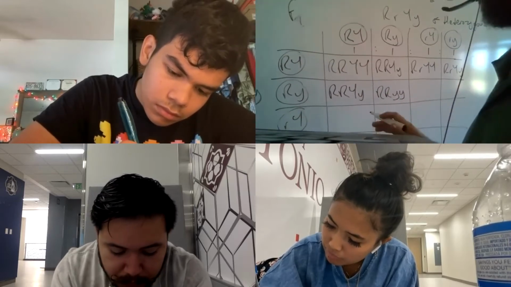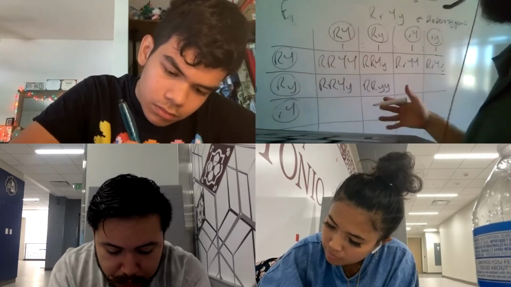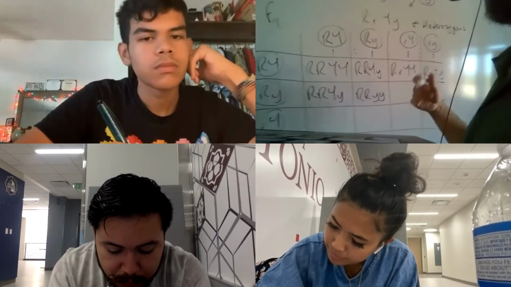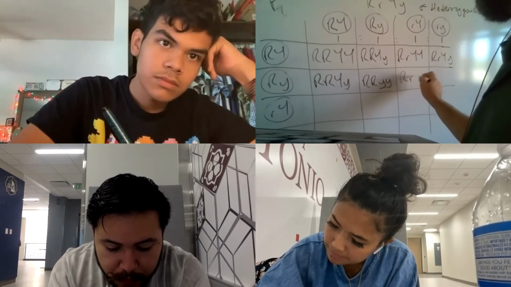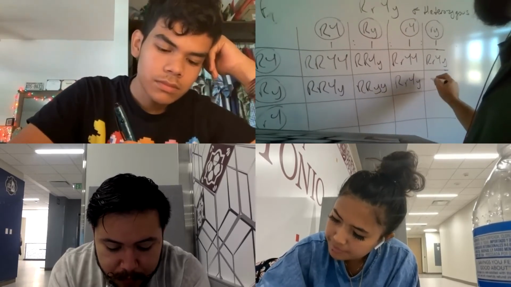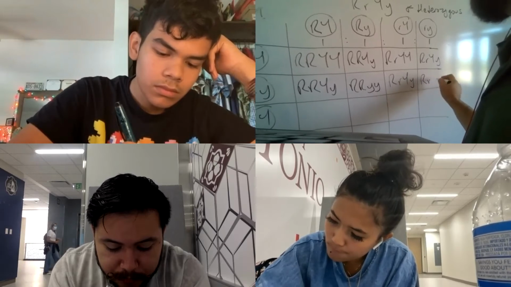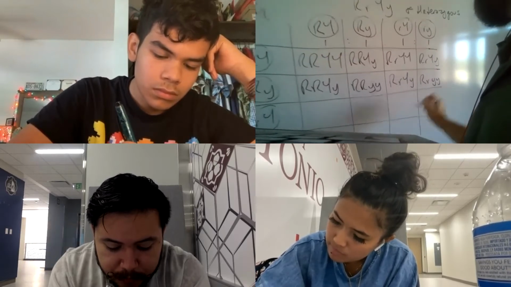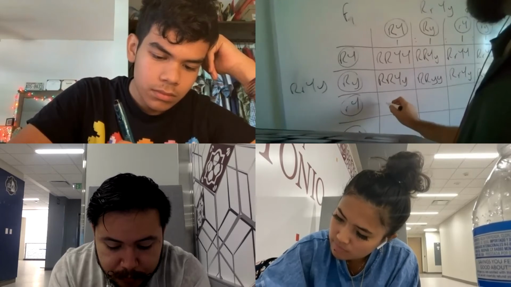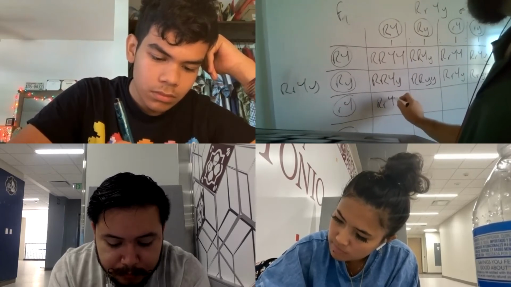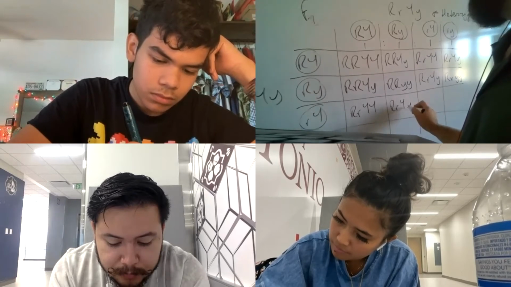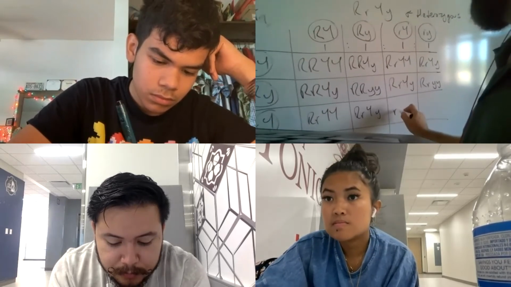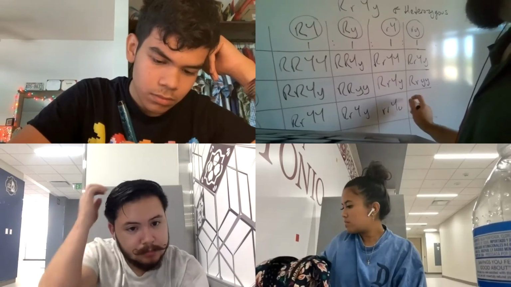And for now, don't worry about the genotypes and the phenotypes. We're just writing things down. We'll figure out what the phenotypes are once we've finished. Oh, nearly jumped ahead on that one.